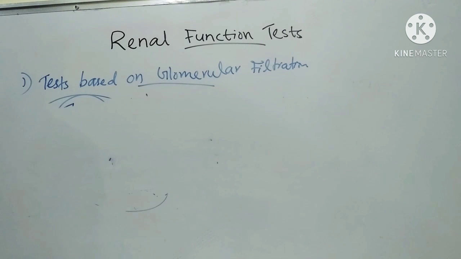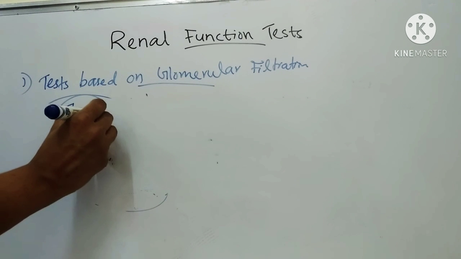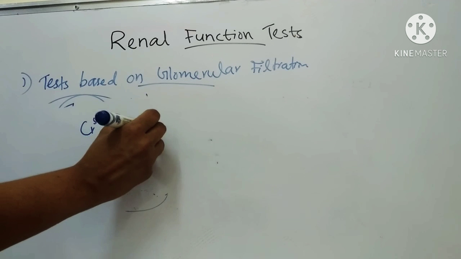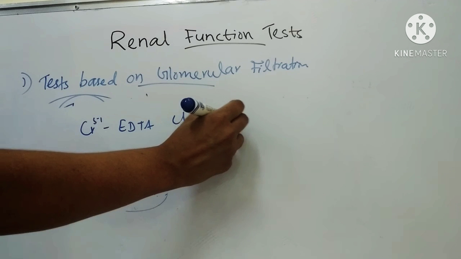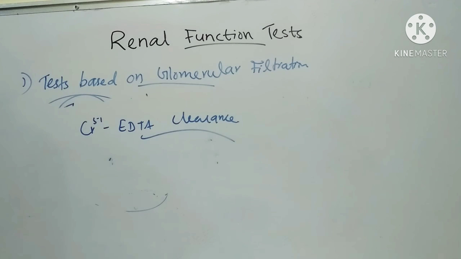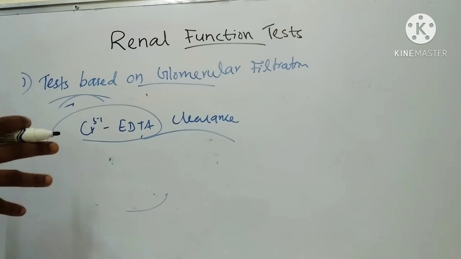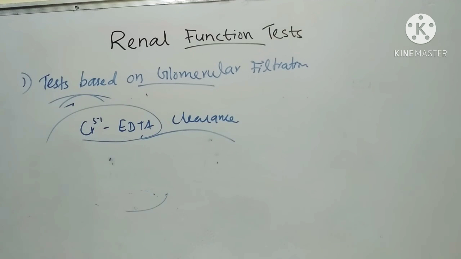Next one is the Chromium EDTA clearance test. This is a simplified single injection method for the determination of Chromium-51 EDTA clearance. This is for the routine assessment of glomerular filtration rate in adults as well as in children.